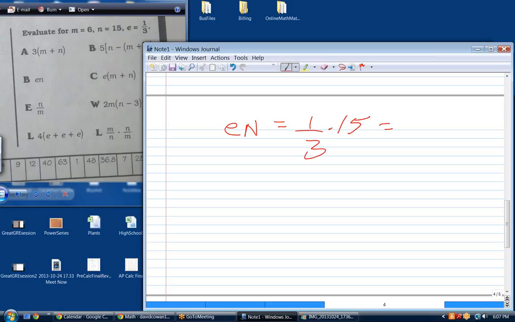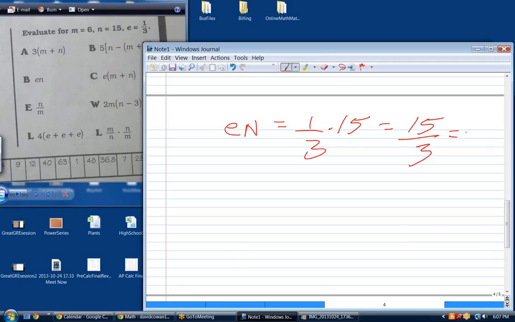Okay, so you would do 3 times 5 is 15. So then you would divide by 3, I think. Don't make it overly complicated. In other words, multiply the numerators, multiply the denominators. What's this? 15 and 3.